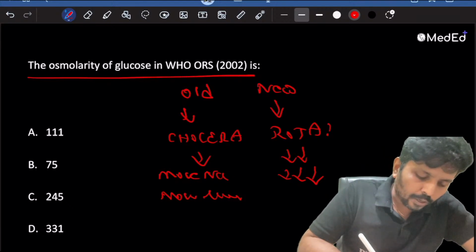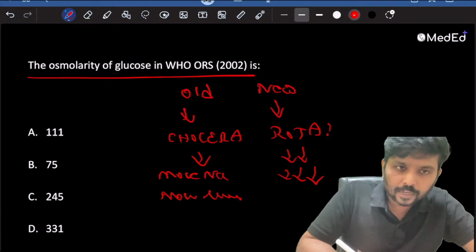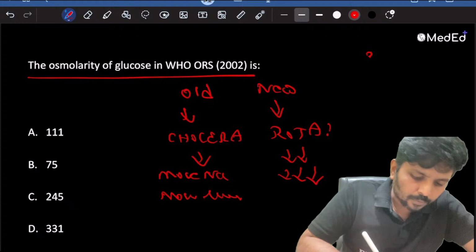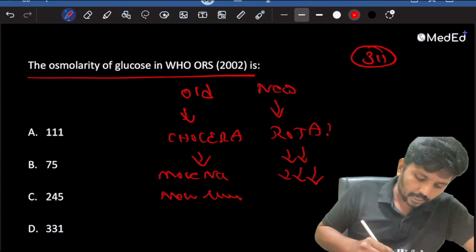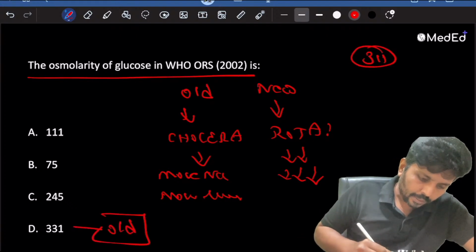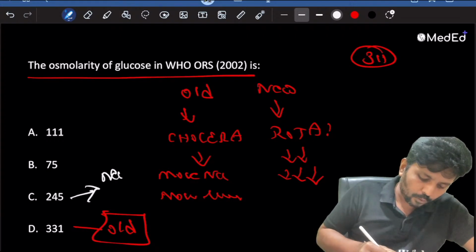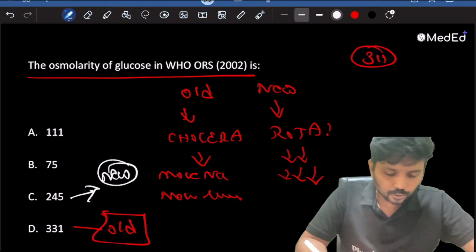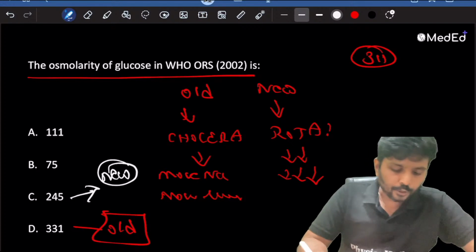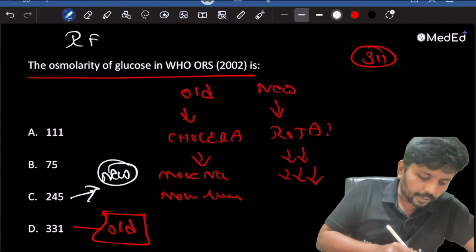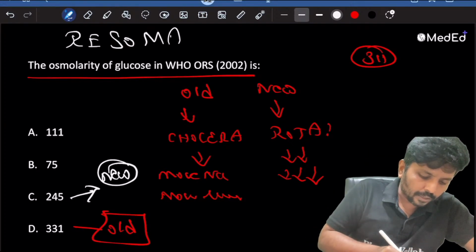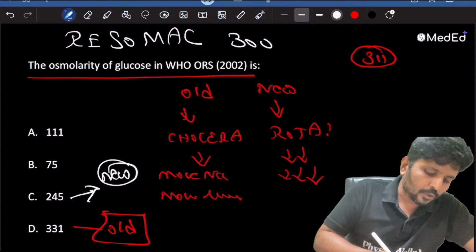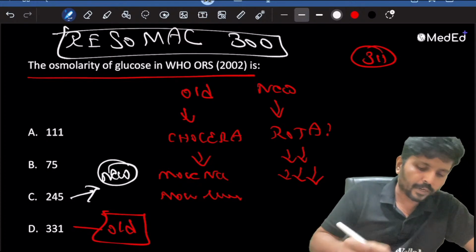What is the osmolality of old ORS? Osmolality of old ORS is 311. It has been reduced to 245 in new ORS. And Rehydration solution for malnourished children, ReSoMal, is usually 300 milliosmol per kilogram.